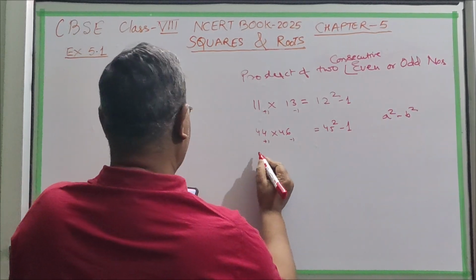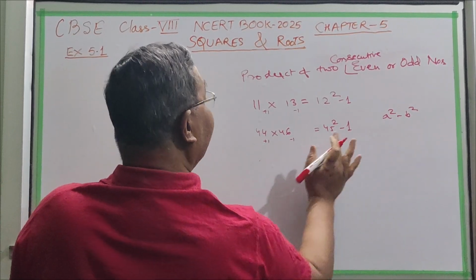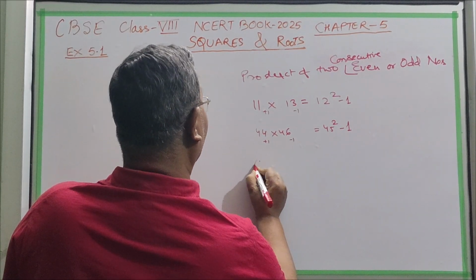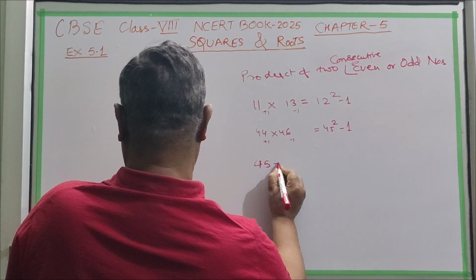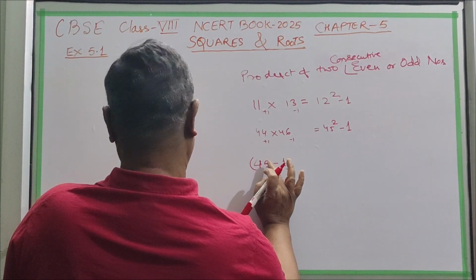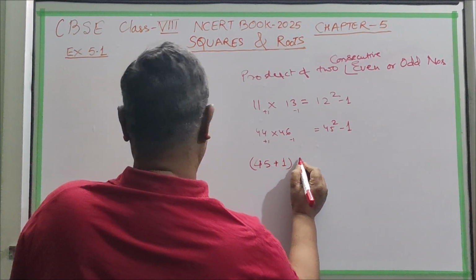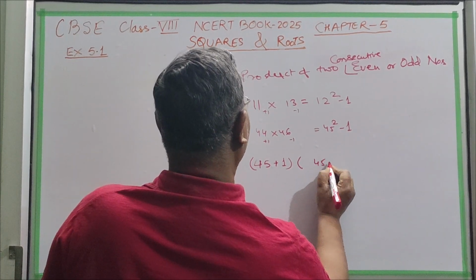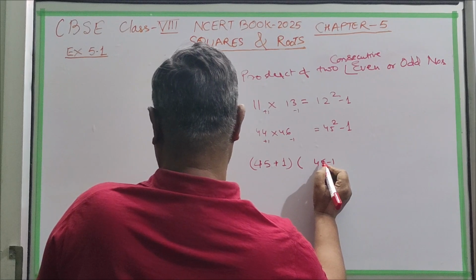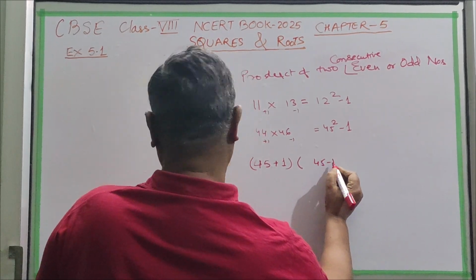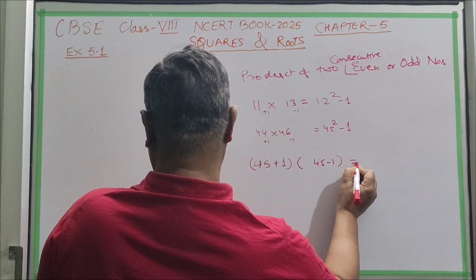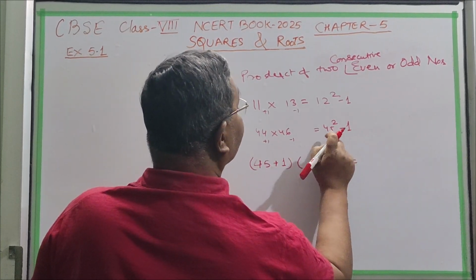So how does it work? Here we take 45 plus 1 and multiply it by 45 minus 1. That gives 46 and 44.